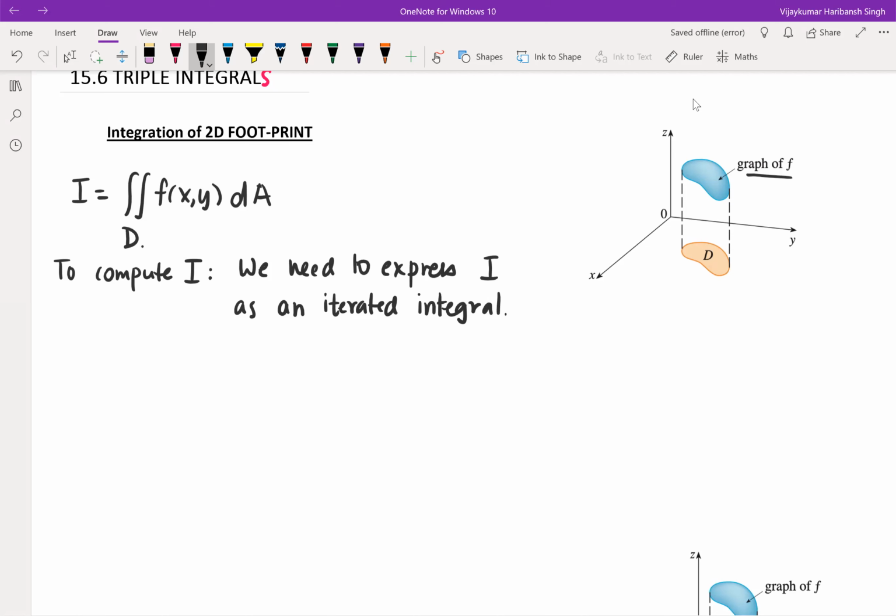And to do that, what does this require? This requires the geometry of the footprint. Here by footprint we mean the region D, and we want to understand it in terms of inequalities.